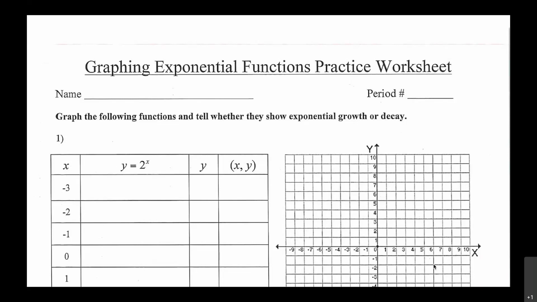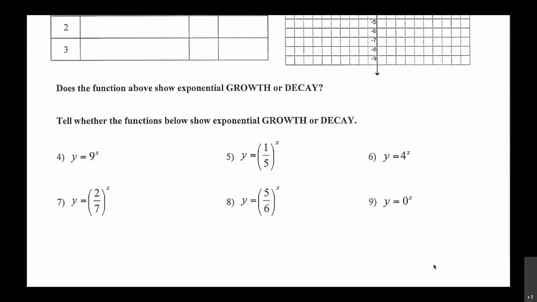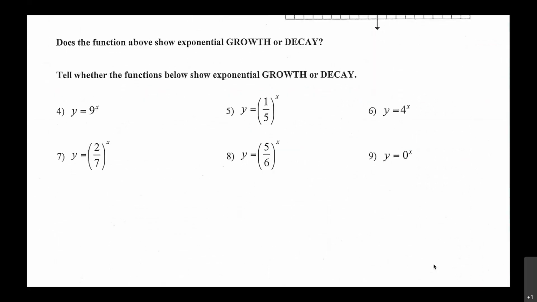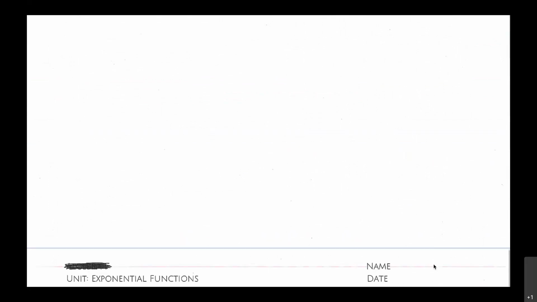One of the things people have gotten confused by: I've had two people turn this in incorrectly. If you look at the first page, it says graphing exponential functions practice, very similar to what we were just doing. Then you go to the next page on the backside and it's the same idea. Well, a lot of people are stopping there and turning it in.